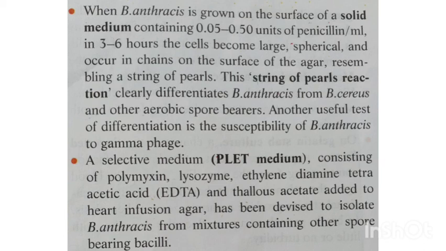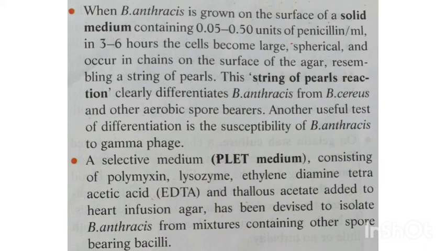That is, when Bacillus anthracis is grown in penicillin containing media, they produce large spherical colonies arranged on the surface of agar as a string of pearls, and this is known as the string of pearls reaction. This characteristic of Bacillus anthracis helps to differentiate it from Bacillus cereus.